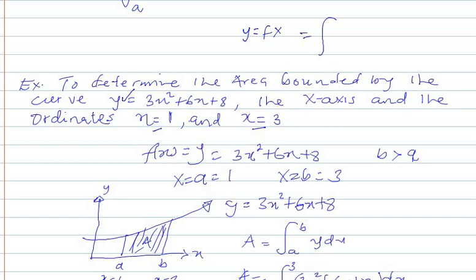So the limits that you have, you remember that b must be greater than a. So this is b, the upper limit, and the lower limit is a. Whatever you have at the lower limit is a, and here is b, which is 3. So it's just a substitution.